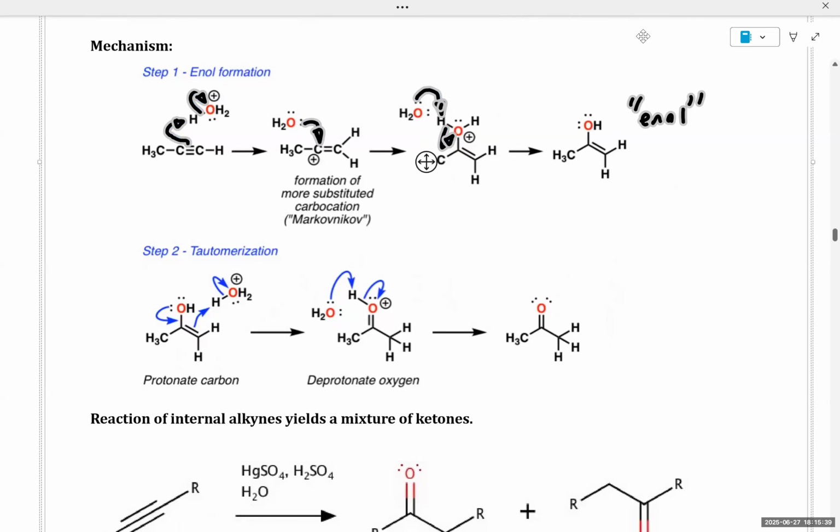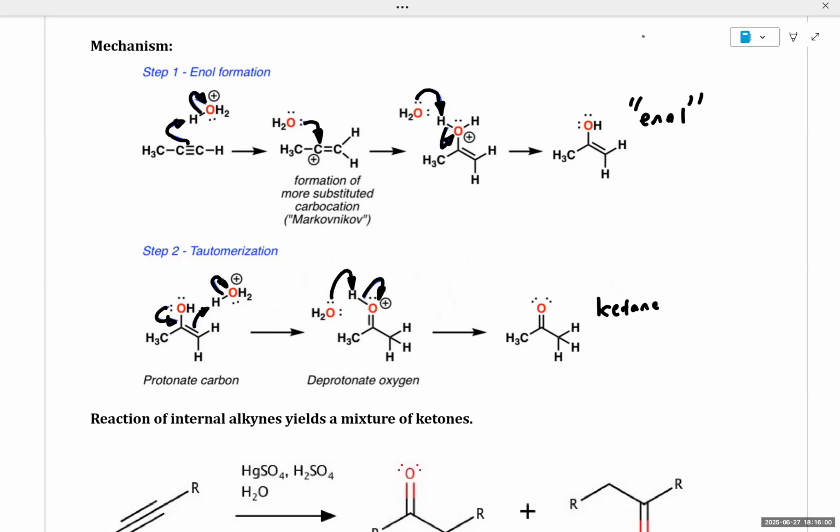The way this occurs is via protonation of the enol carbon, followed by deprotonation of the carbonyl oxygen. This yields the ketone, which is the more stable tautomer.